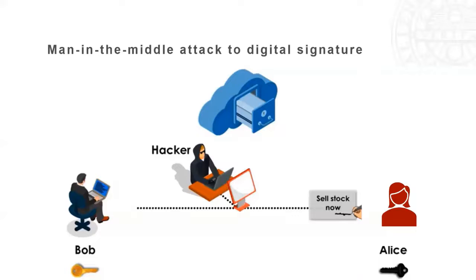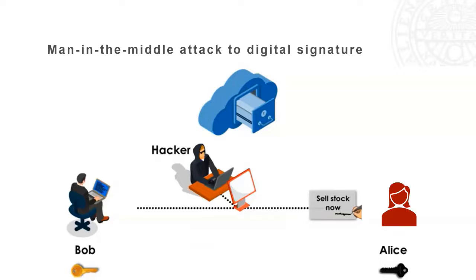So the hacker can sit in the middle and see what messages Bob wants to send and change them maybe, and use the public key to come up with the correct hash value and the correct digital signature and send a new message to Alice.